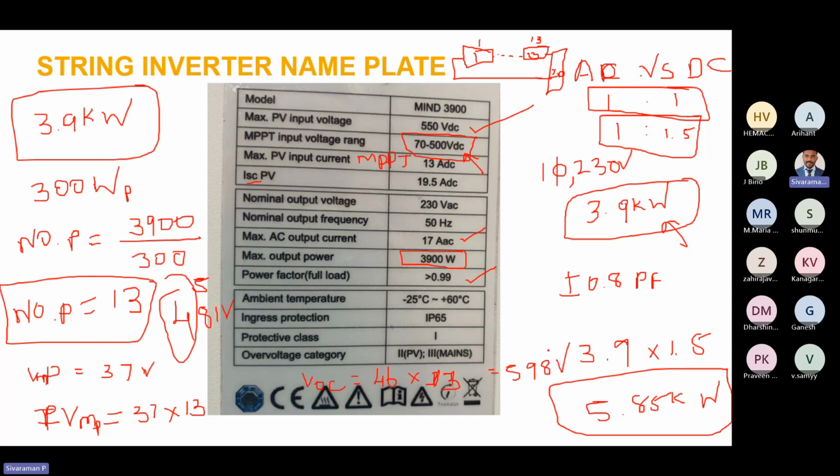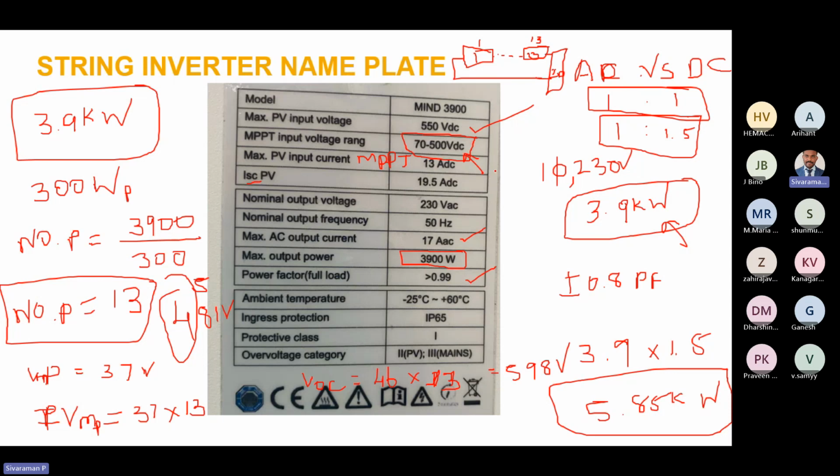So 598 volt is the second one. The second one is not so important, but the first one, the MPPT voltage, is the most important.